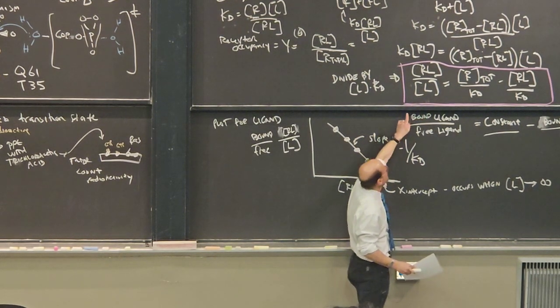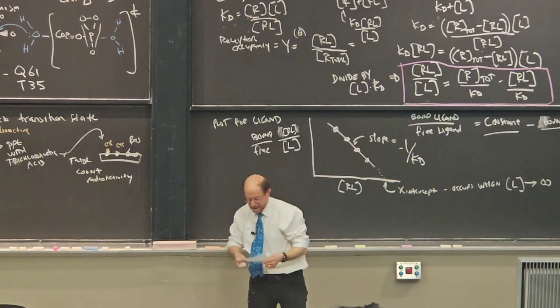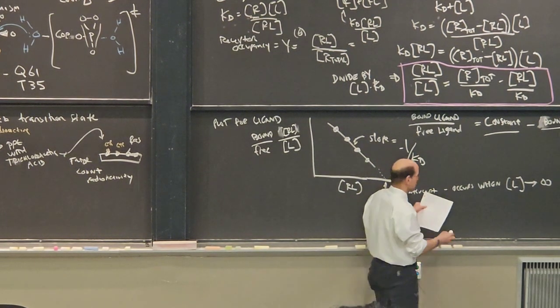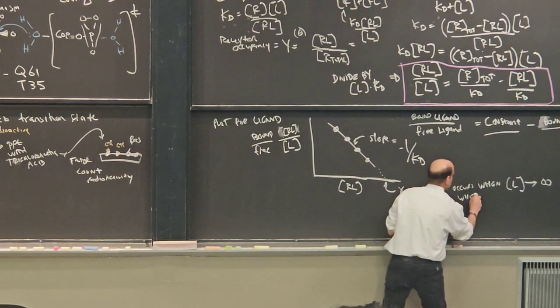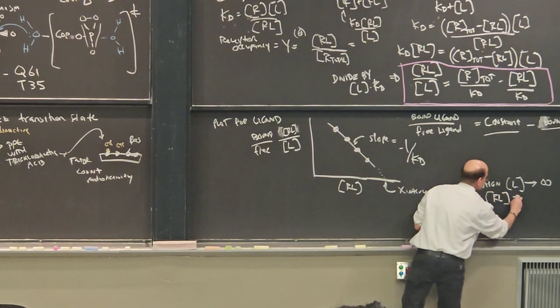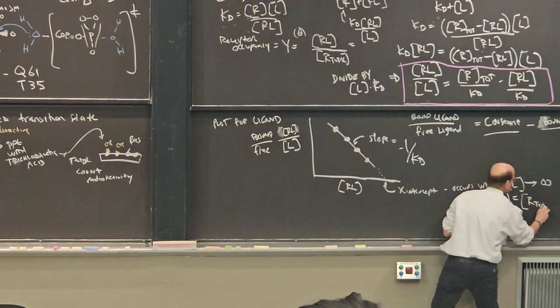The only way that can happen at that point is when the concentration of bound ligand is equal to the concentration of receptor total.